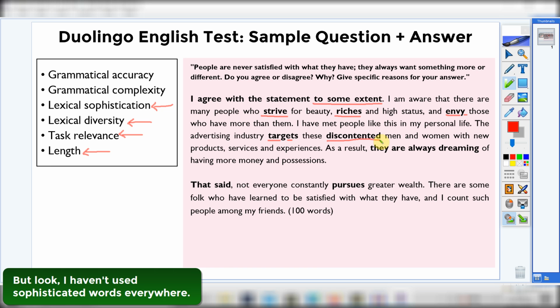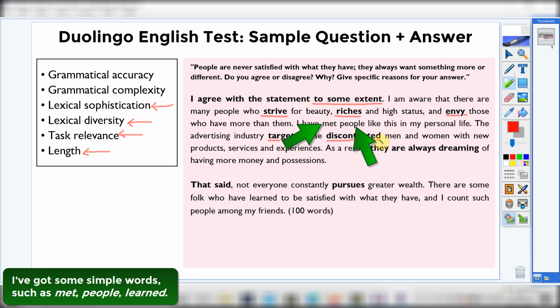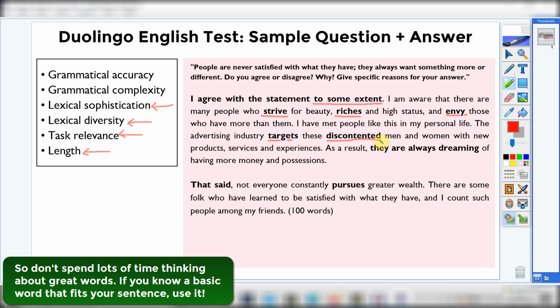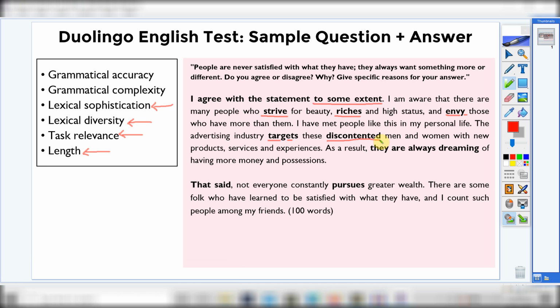But look, I haven't used sophisticated words everywhere. I've got some simple words such as met, people, learned. Remember, you have only 5 minutes to write your text, so don't spend lots of time thinking about great words. If you know a basic word that fits your sentence, use it.